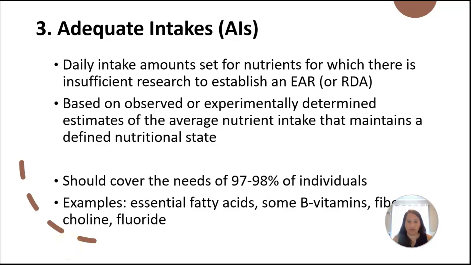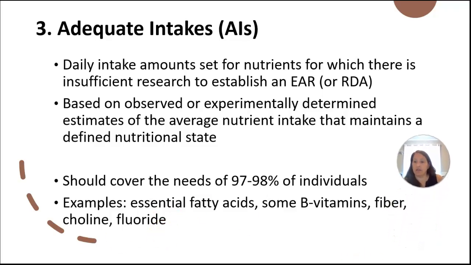These amounts should also cover the needs of 97 to 98% of individuals. And some examples of nutrients that have only AIs, not RDAs or EARs, are things like essential fatty acids, some of the B vitamins, fiber, choline, and fluoride.